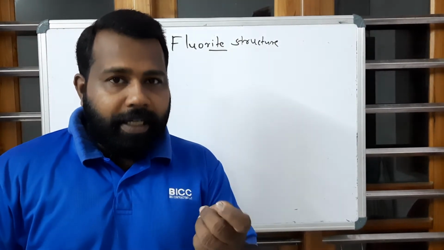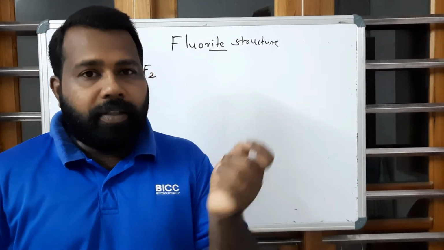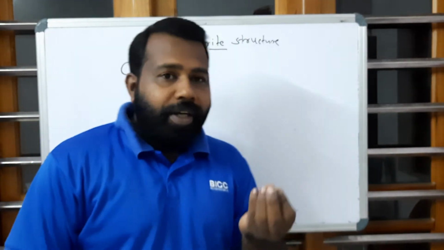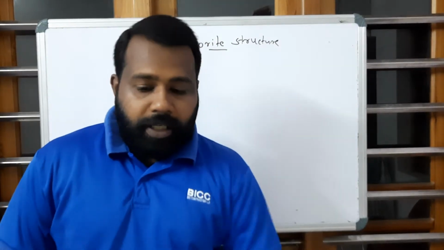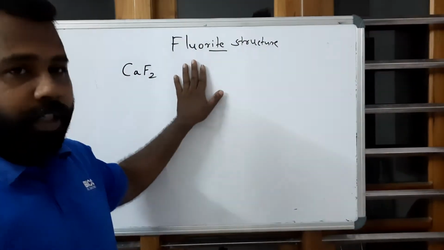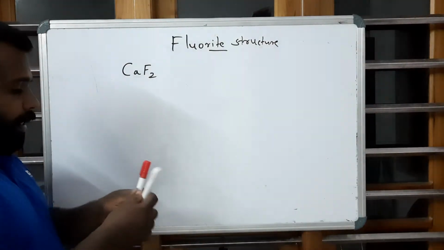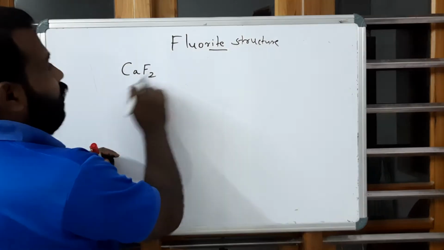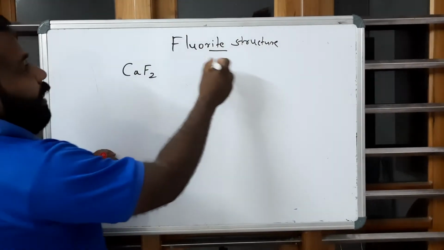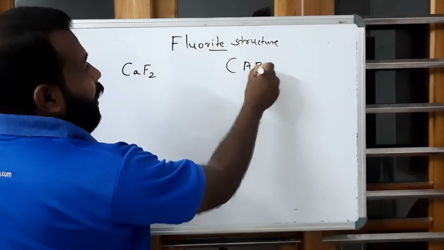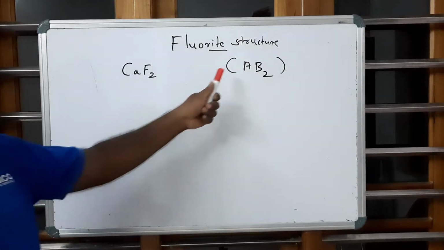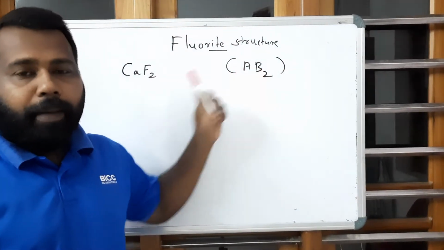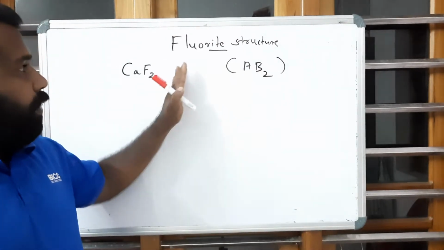And being very small, the cations occupy the voids created by these anions. So this is an example of the fluorite structure, calcium fluoride, and this is an AB2 type. AB2 means one cation and two anions. What is a fluorite structure?